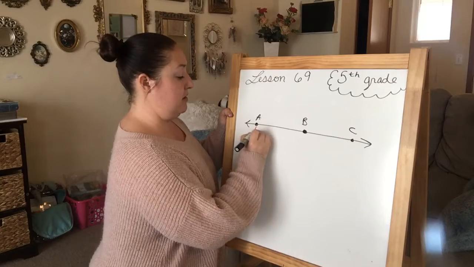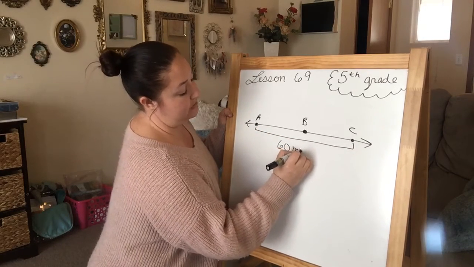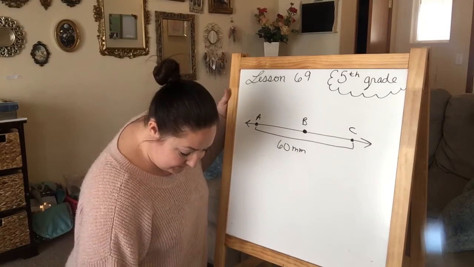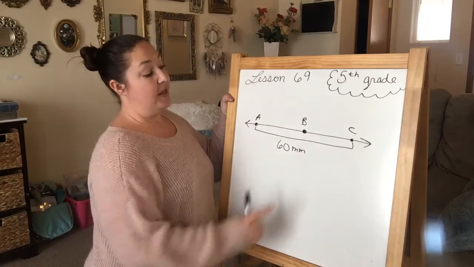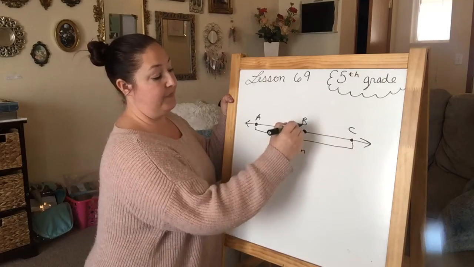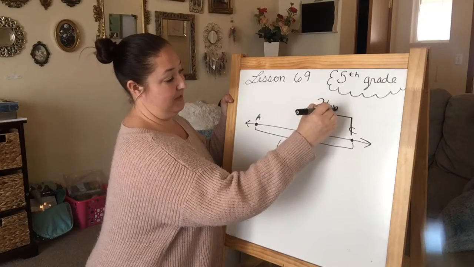And then it says the length of BC, from here to here, is 26 millimeters.